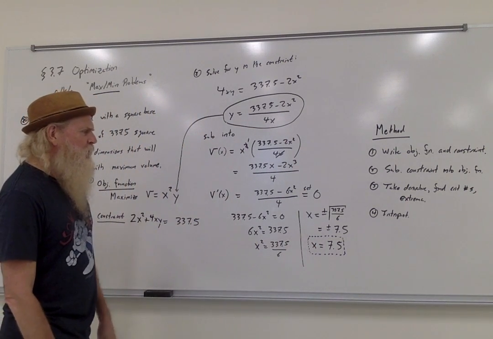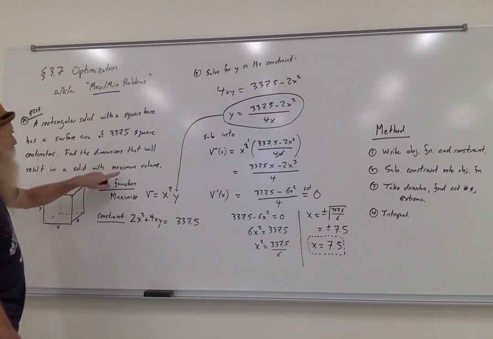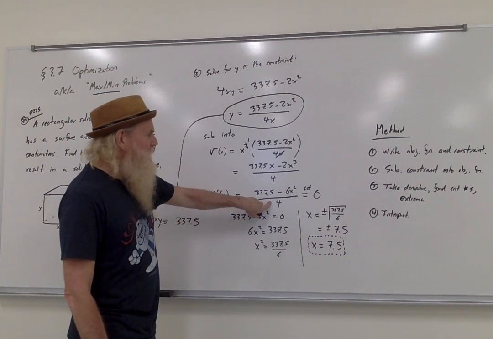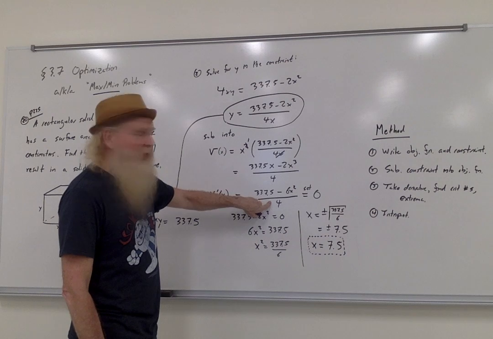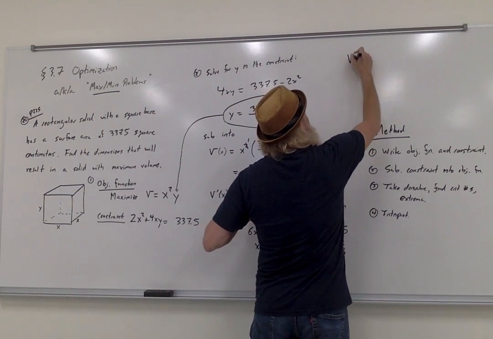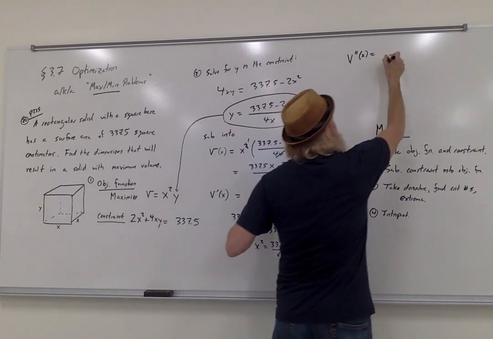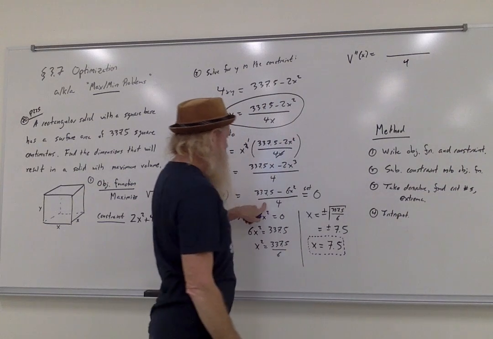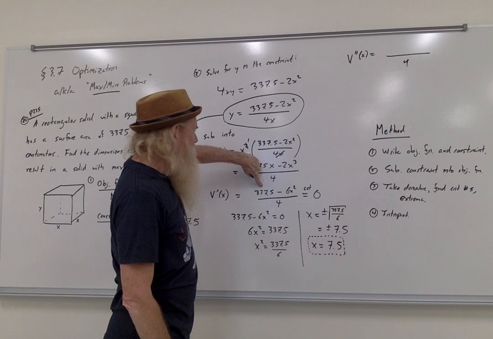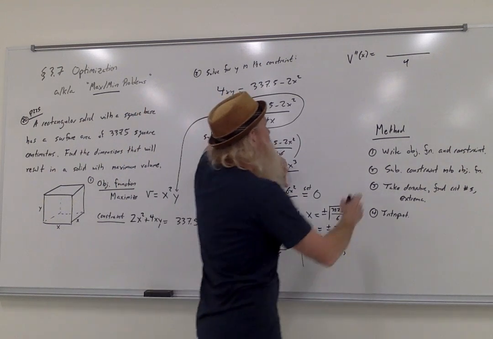But let's check and make sure that this really does represent a maximum as opposed to a minimum, because I'm trying to maximize the volume. To figure out whether this is a max or a min, I can use the second derivative test, which means taking another derivative. So V double prime of x, once again, the denominator is constant, so I'll just take the derivative of the numerator and divide by 4. The derivative of 337.5 is 0, minus 12x.